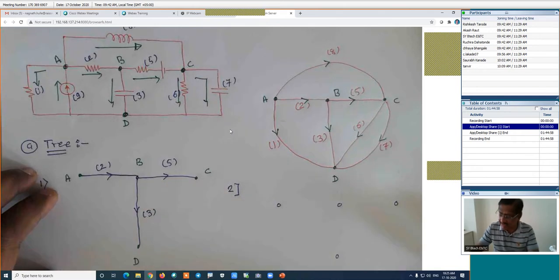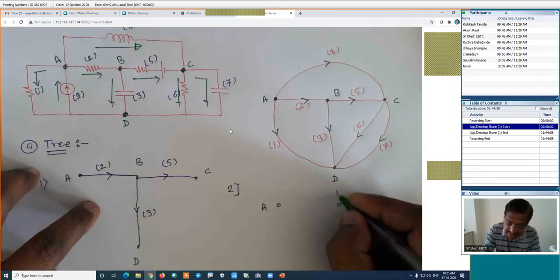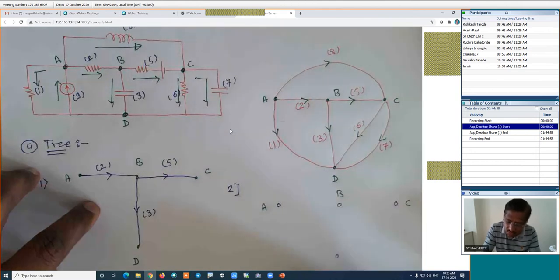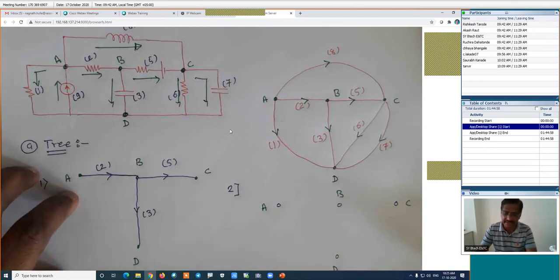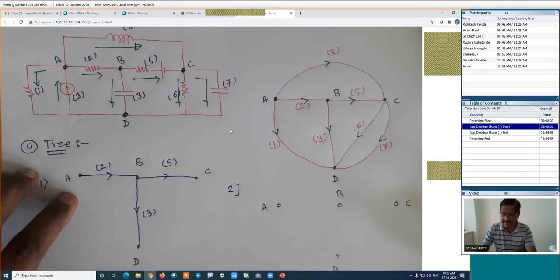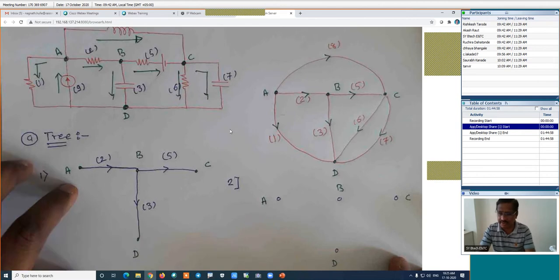Suppose these are the 4 nodes. This is node A, this is node B, this is node C, and this is the node D. There may be another combination of branches which connects all the nodes to each other directly or indirectly without forming a loop.